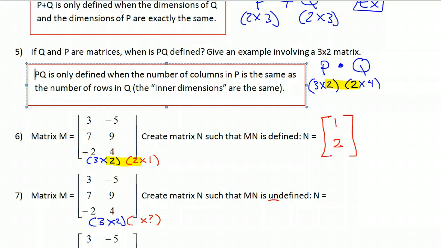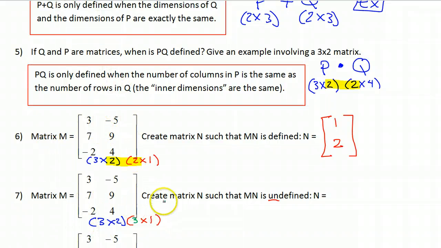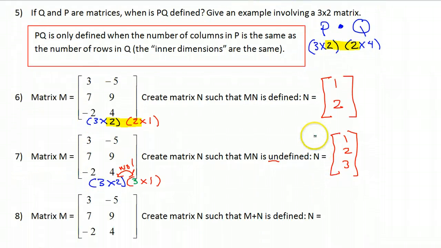For example, if I make this a 3 by 1, then that won't work because now the inner dimensions are not the same. So here's my 3 by 1 matrix: 1, 2, 3. That's an example of a matrix that doesn't work.